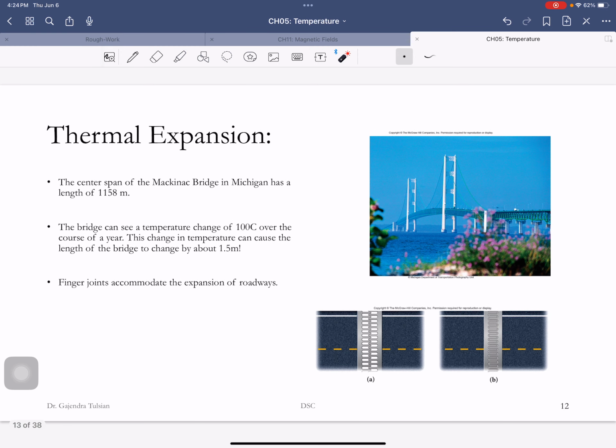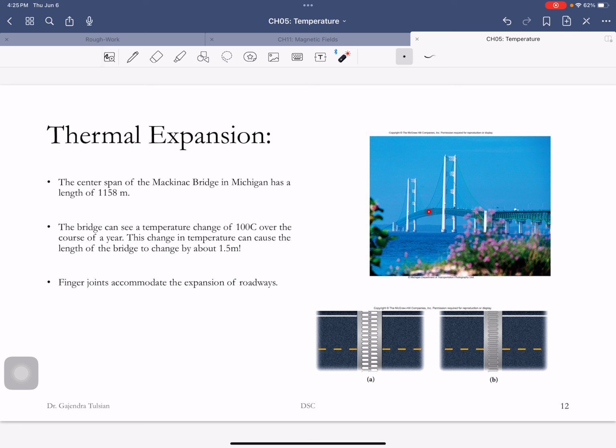Okay, so for instance, here's a bridge in Michigan, and the center span is just under a mile long. Between the dead of the winter and the heat of the summer, it sees a temperature change of 100 degrees Celsius. And the center span over a year's time will expand 1.5 meters. That's the height of a person.